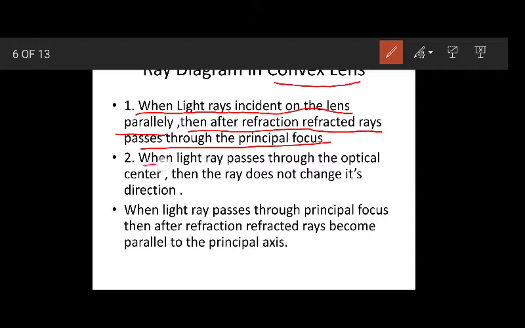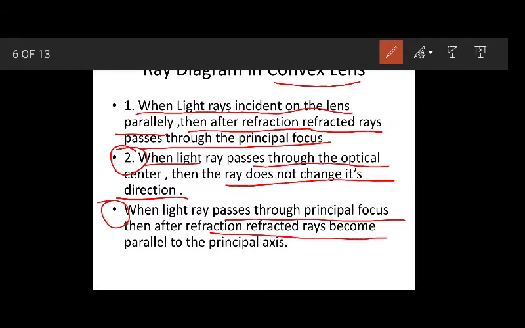Number 2, when light ray passes through the optical center, then the ray does not change its direction. Number 3, when light ray passes through a principal focus, then after refraction refracted rays become parallel to the principal axis. My dear students, can you hear me?